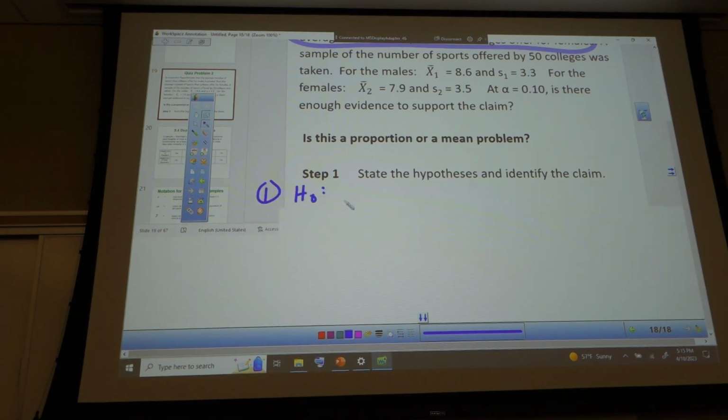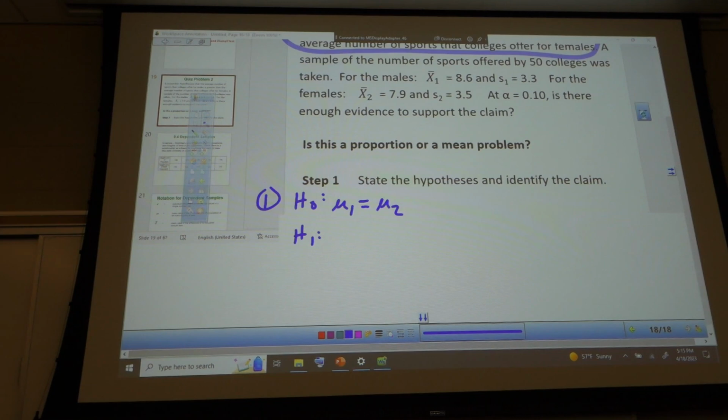Is this a mean or proportion? Mean. So mean mu1 equals mu2. Good. That's not my claim. My claim is H1 now, so it's mu1 greater than mu2. That's my claim. So I'm going to use what word later on? Support.